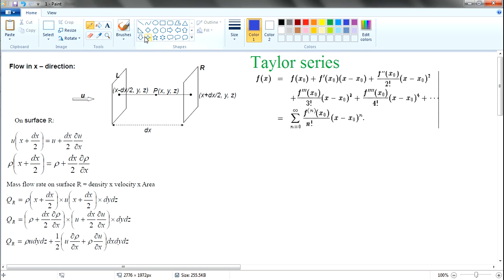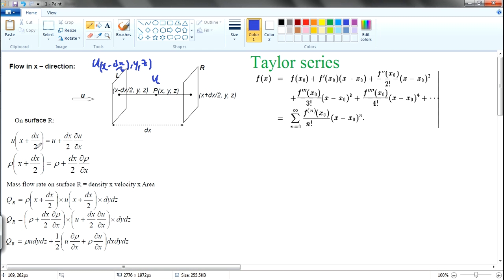So as you can see, the velocity u in x at this point is actually u x minus dx over 2. Then y and z we take as constant, so we don't write them. So this is the velocity at this point, ux.